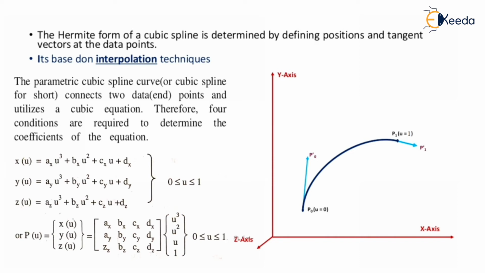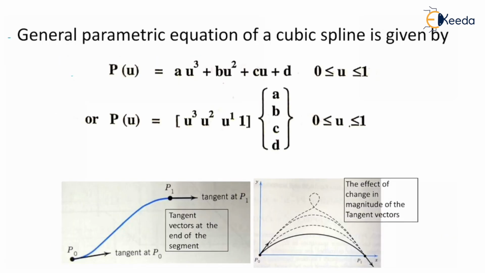So ax, bx, cx and dx, ay, by, cy, dy, az, bz, cz and dz are taken in one matrix as coefficients, and then u cube, u square, u, 1 are taken in the column vector. The general parametric equation of cubic spline is given as a u cube plus b u square plus c u plus d.